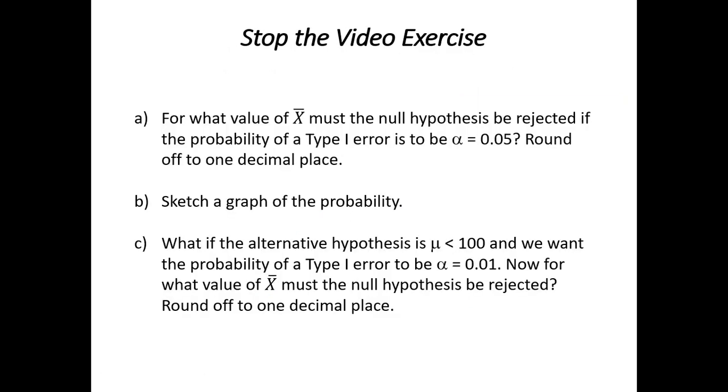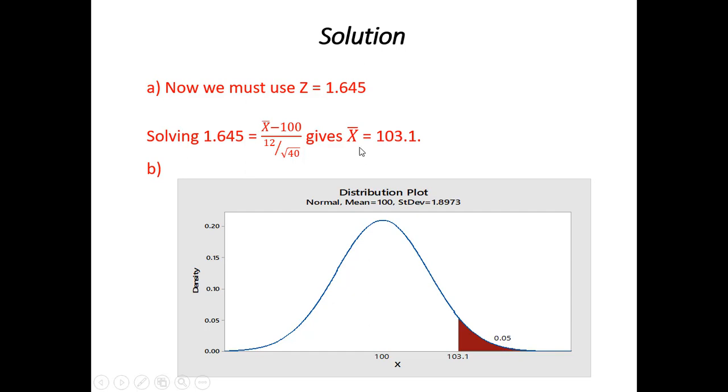Now what we do is we solve the equation as before, and that's how we get 103.1. If we sketch a graph, we'd have our bell curve, same mean and standard deviation as before, but now we have 0.05 in the tail, and that gives us an x bar of 103.1.